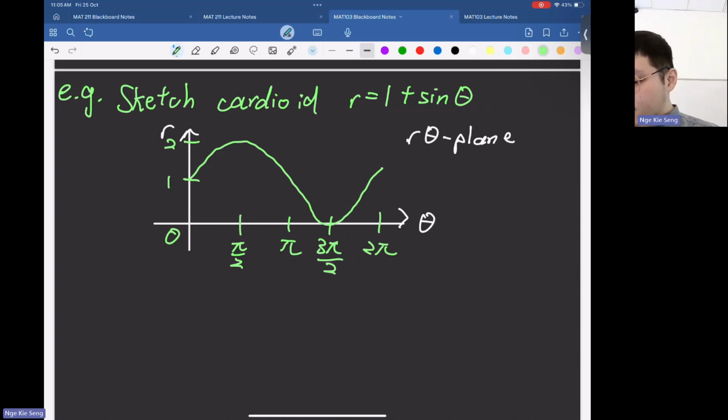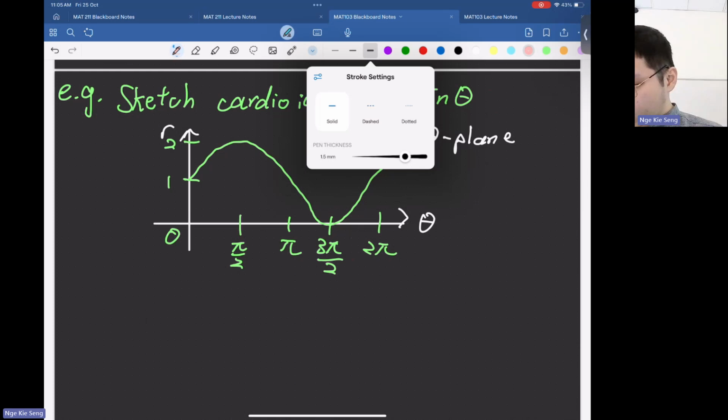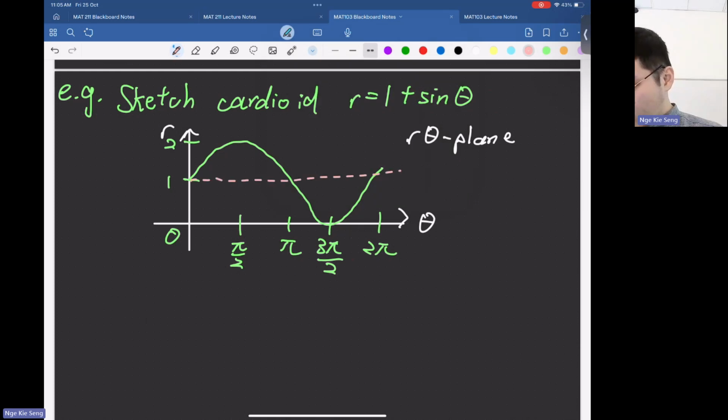These points characterize this sine curve. These are the important angles that you need to know. If I draw it this way, my graph is a bit off, so let me.